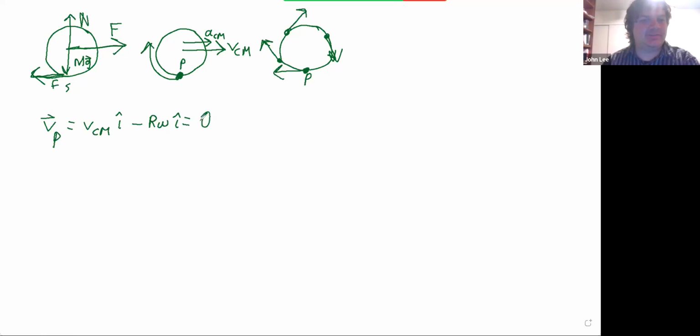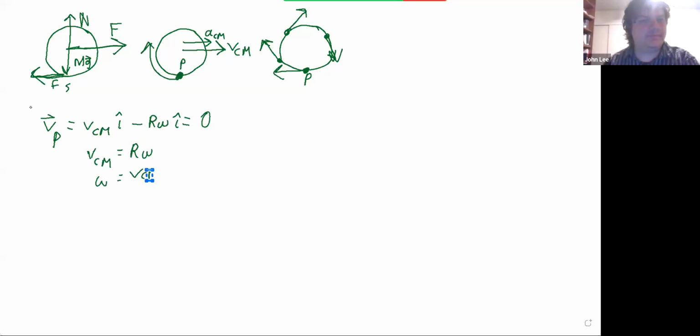So this is equal to 0. So V center of mass is equal to R omega.